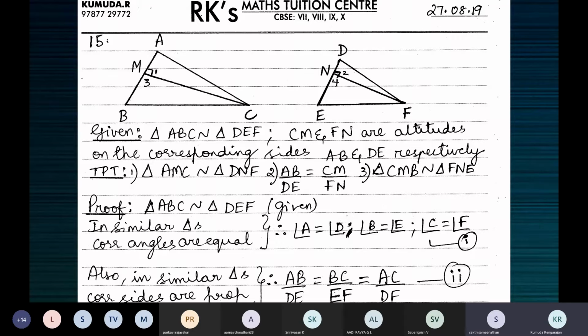But I have one question. How do we know that M is the midpoint of AB? Then how can we write AB by 2 as AM? Ma'am, we cannot tell. We can't. So we can't do it that way.